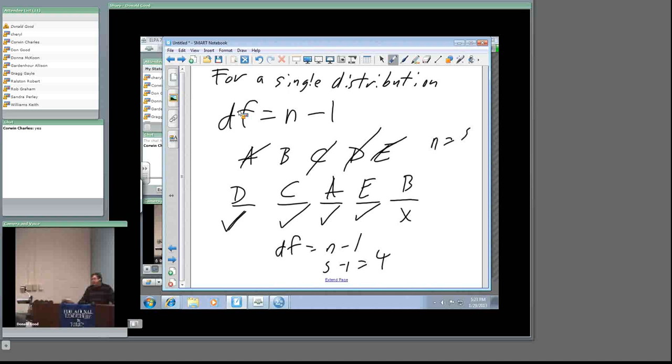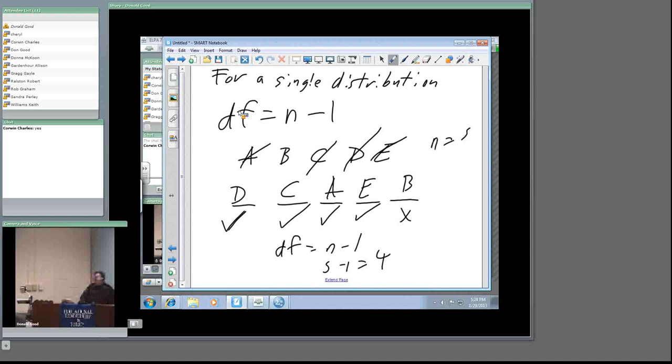Sometimes you've got more than one n because sometimes you've got more than one distribution, but still the basic idea is n minus 1. When we combine distributions and do some other kinds of analyses, we'll calculate degrees of freedom sometimes a little differently, but not contrary to this. So degrees of freedom is n minus 1.